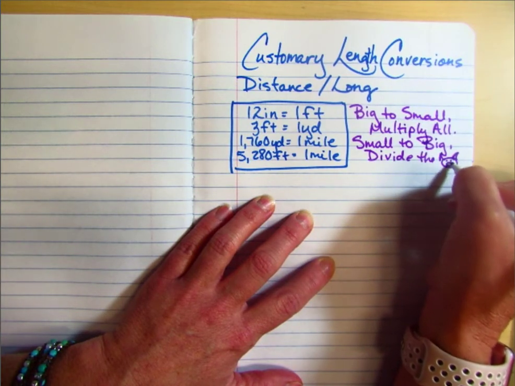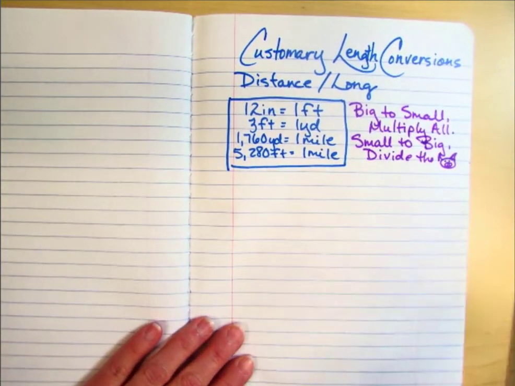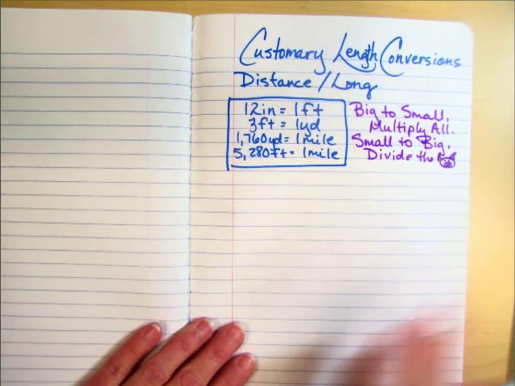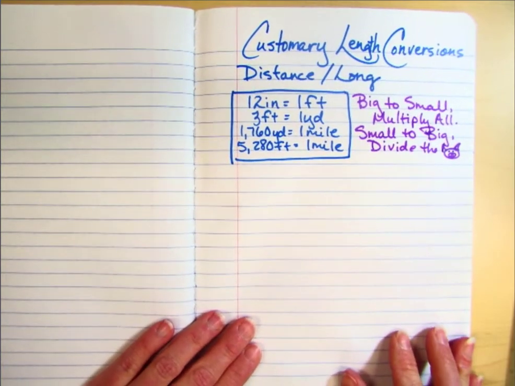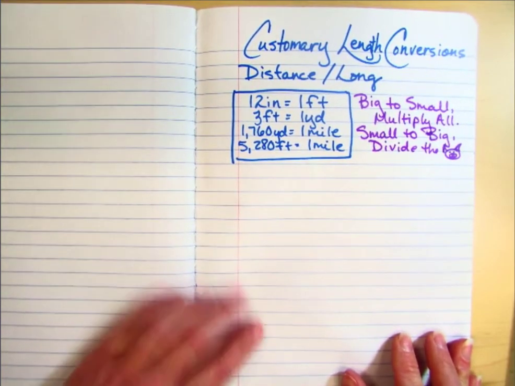Again, I know it's silly, but we've been doing this for a while, and if you set everything up this way and think about this little rhyme, it will help you get through these tricky conversion problems.